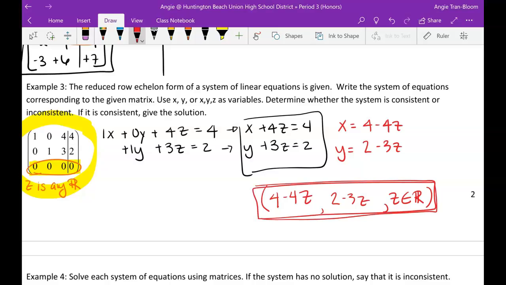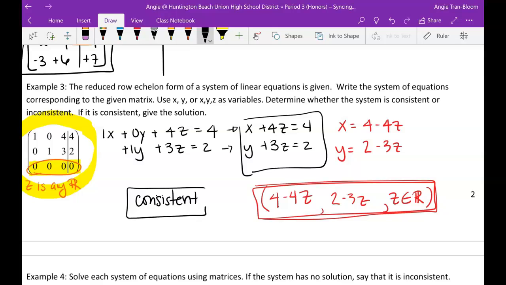So this one right here, we're going to have a bunch of different answers depending on what z is. Because we do have an answer, this is consistent. Consistent means you have at least one answer. So that's example number 3.